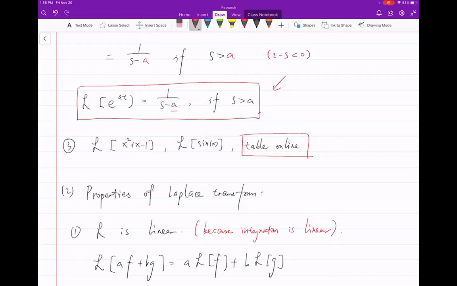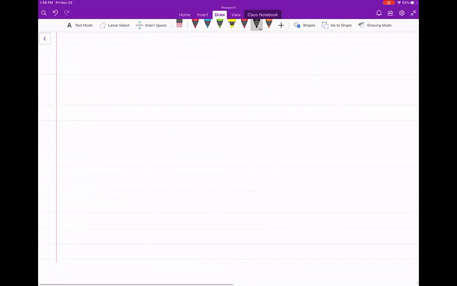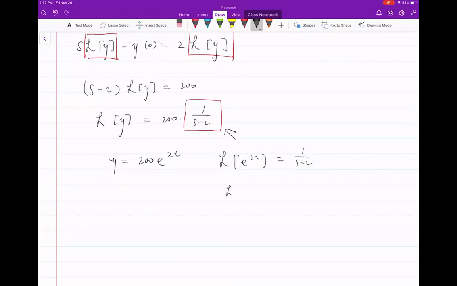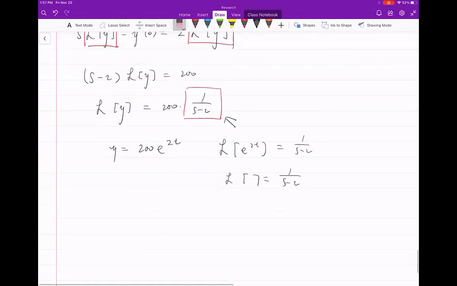Right? So if I want particularly 2, what I'm looking for is e to the 2t. Therefore y should equal e to the 2t. For this part, of course, I should have a 200 here. Why? Because L of e to the 2t is 1 over s minus 2. Therefore, if L of y equals 1 over s minus 2, y should be e to the 2t. That's the logic.